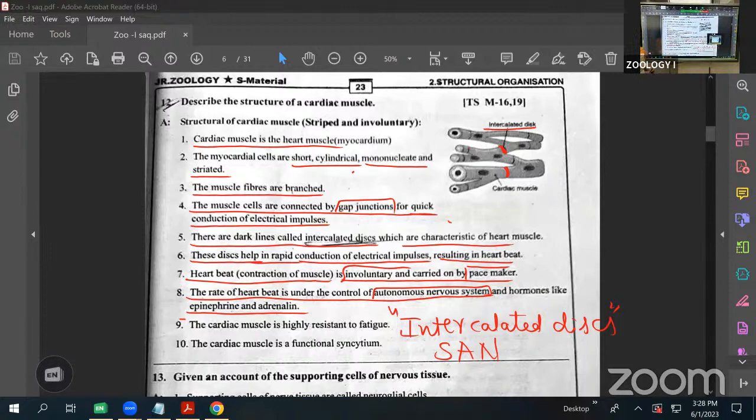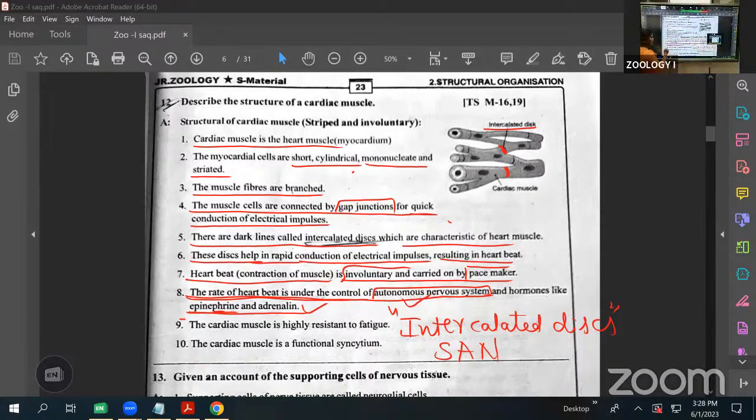It is also controlled by two hormones: epinephrine, also called adrenaline, and sometimes norepinephrine or noradrenaline. Adrenaline or epinephrine is called the fight-or-flight hormone. It increases the heart rate. Norepinephrine slows down the heart rate. That's why the rate of the heartbeat is controlled by two things: one is the autonomic nervous system, and the other is hormones like epinephrine or adrenaline.